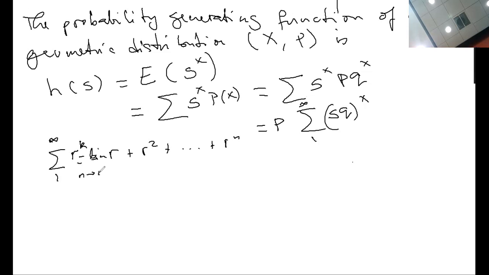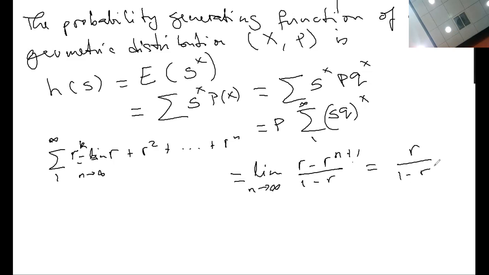This is the limit as n tends to infinity, which we define as the limit of (r minus r^(n+1)) divided by (1 minus r), which happens to be r over 1 minus r, provided the absolute value of r is less than 1.